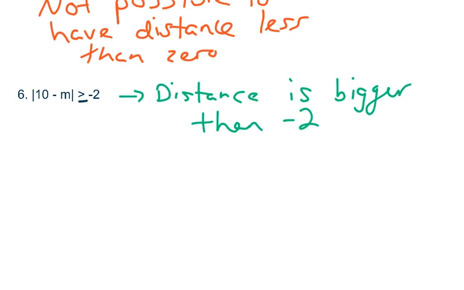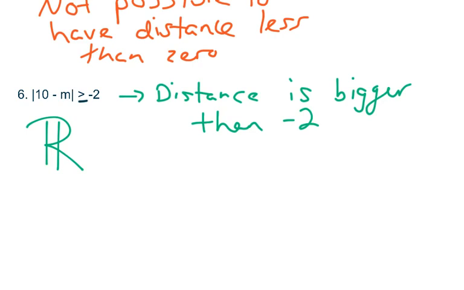So what numbers have a distance that's bigger than negative 2? Well, that would be all of them. There's no number on a number line that's smaller than 0, and it's asking for all numbers that are bigger than negative 2, which is all of them. So your answer here is all real numbers, or infinitely many solutions. I don't know that I would actually put infinitely many solutions. All real numbers makes more sense for number 6.